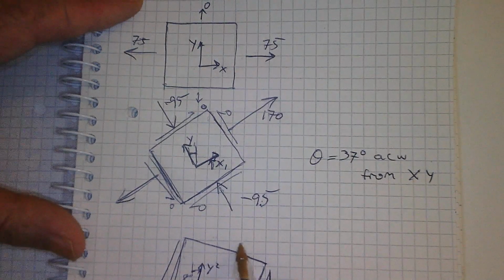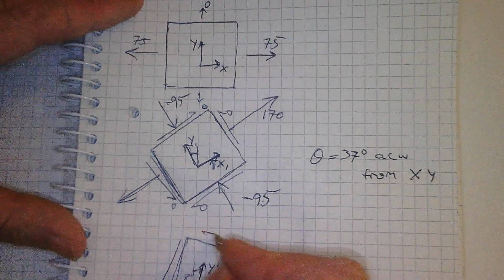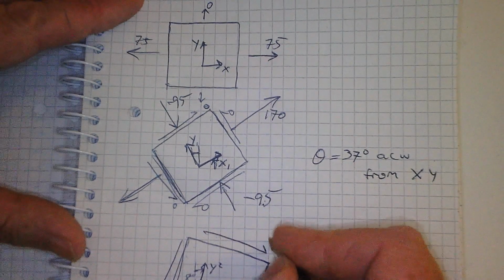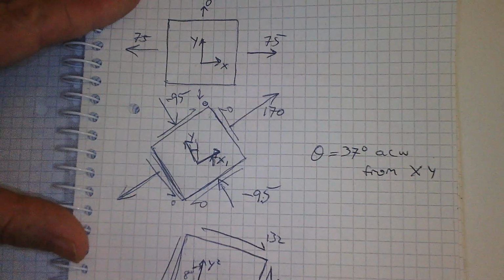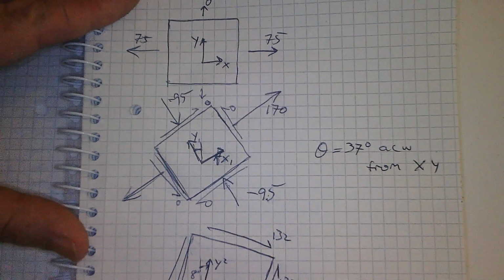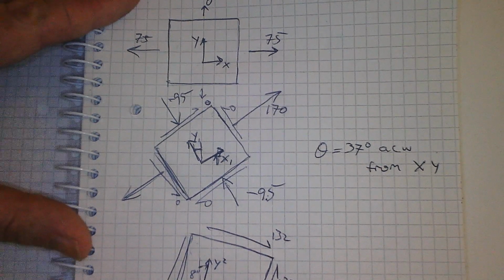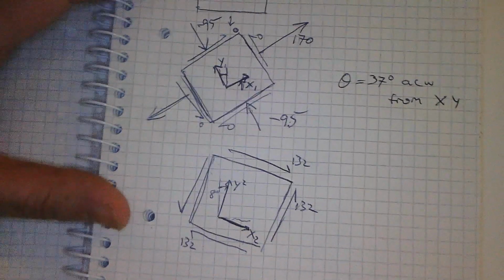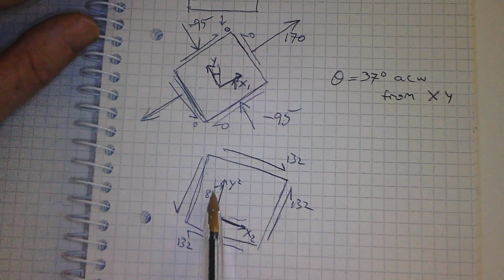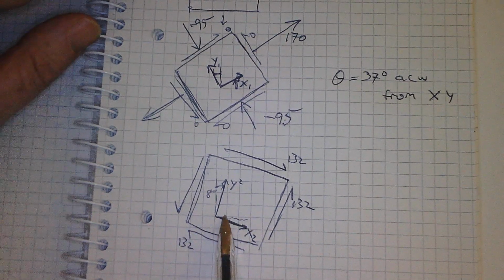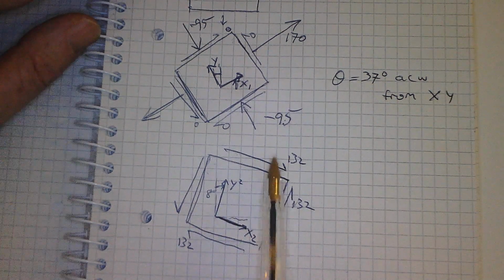So in this new orientation, we have 132 and 132, anti-clockwise and clockwise.